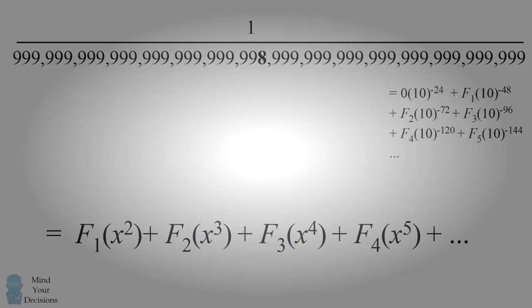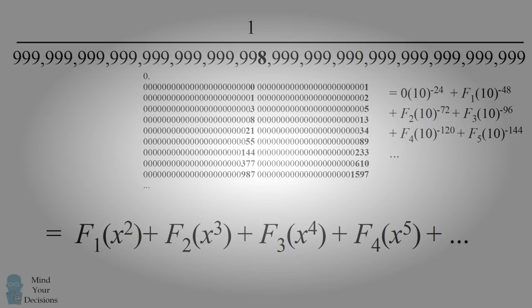If we write this using x is equal to 10 to the power of negative 24, we end up with the following expression. So this means every 24 digits, we're going to get a new Fibonacci number. And that's exactly what we had at the beginning. So that's why we end up with this crazy representation.